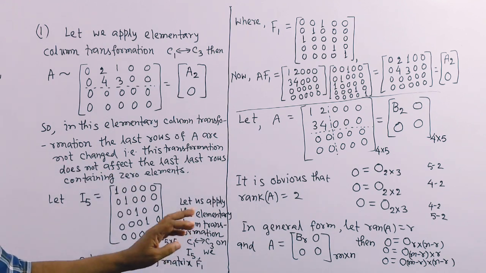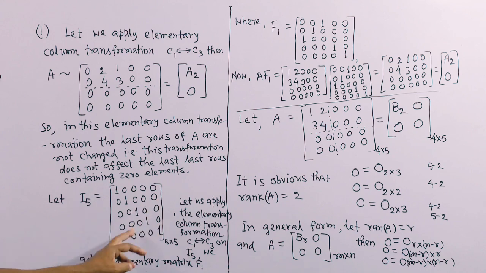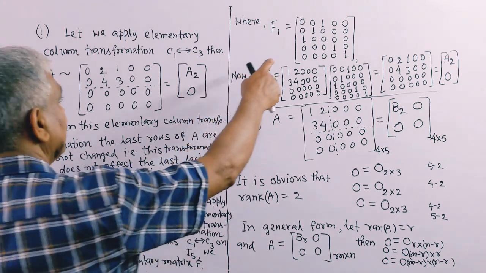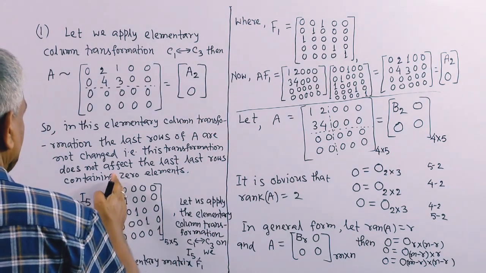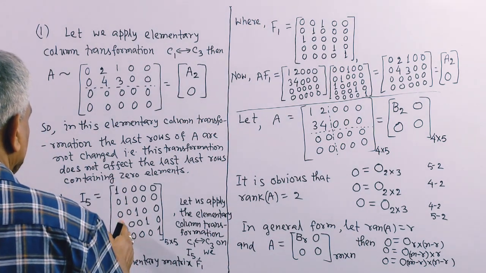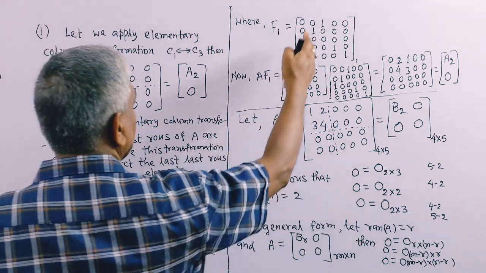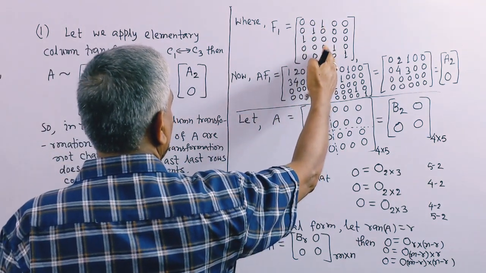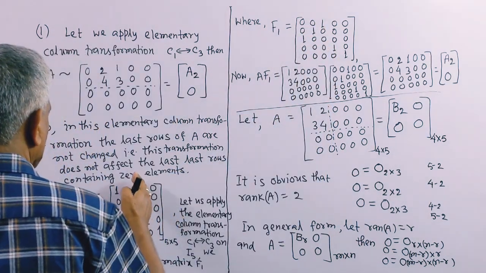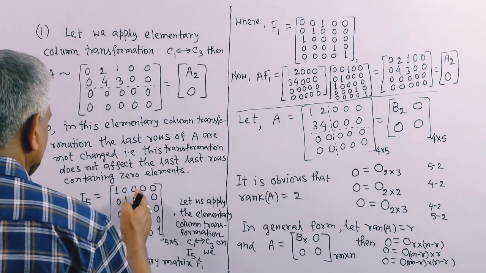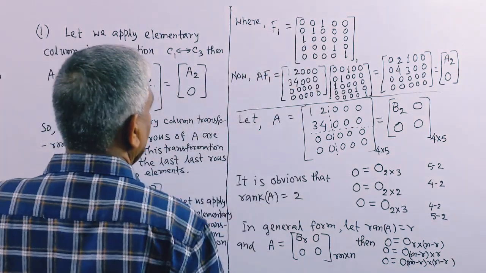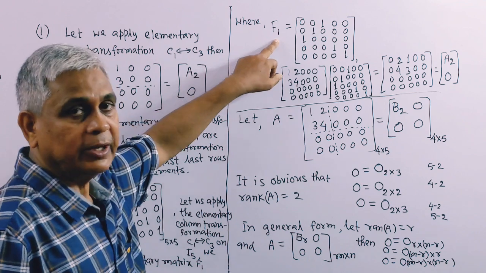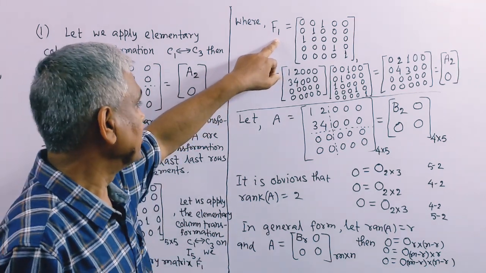We get an elementary matrix F1, where F1 will be this. Here we have written the first column in the place of the third column, and in the place of the first column we write the elements of the third column, and we get this F1 elementary matrix.